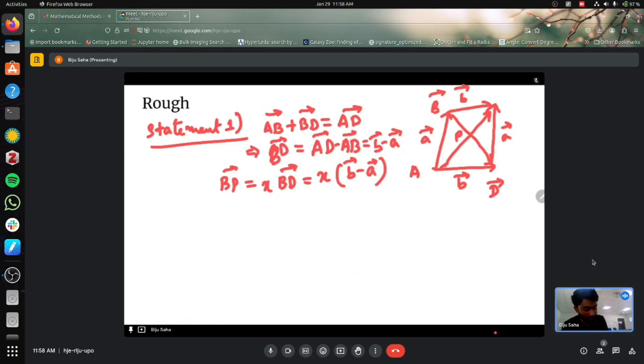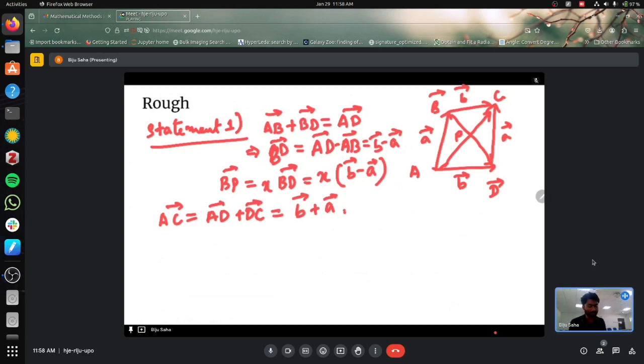Now let us express the other diagonal in the same kind of form. The other diagonal is AC. I would write AC is equal to AD plus DC, following the triangle law of vector addition. So that is B plus A vector.